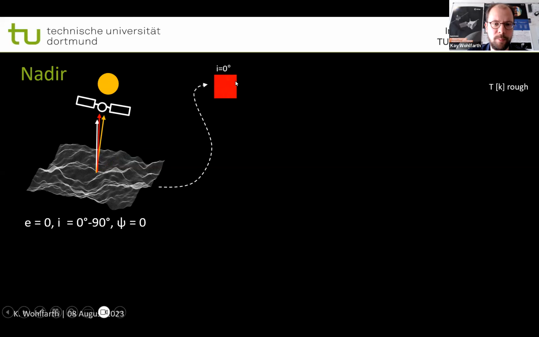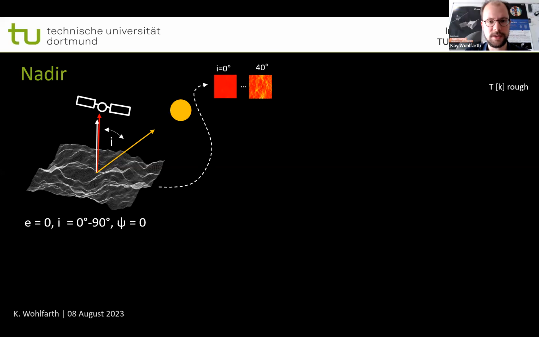So this is a map of the surface, and red means we have pixels that are around, almost, 400 Kelvin, and directly illuminated from the top. So that's the top view of this fractal surface for 0 degree incidence angle. If the sun sets maybe to 40 degree incidence angle, we already see that the temperatures become colder because some parts of the surface are tilted away from the sun.